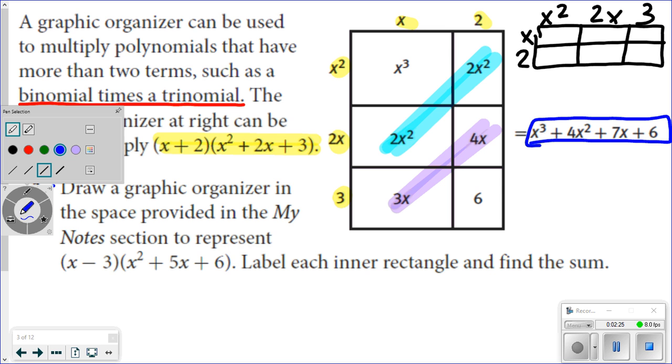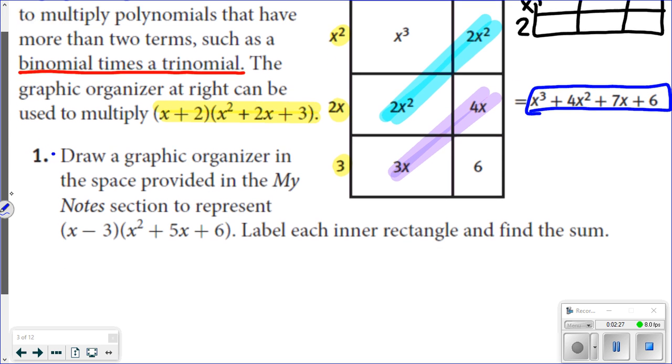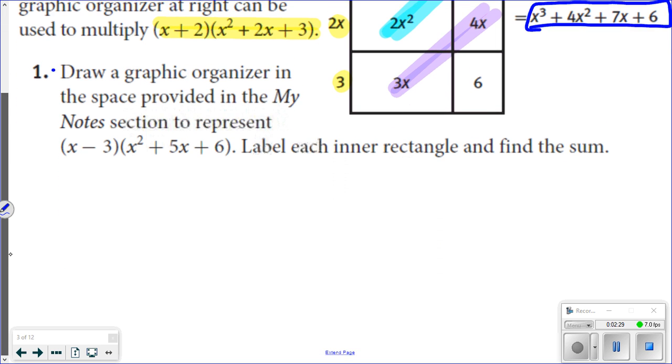For question 1, draw the box method in the My Notes section of your book, because under question 1 they don't give you room. So the directions say use the My Notes section of your book. You can draw your box however you prefer.